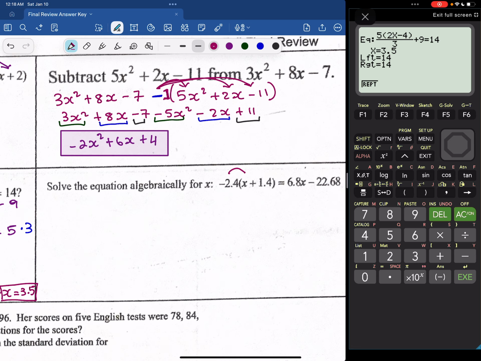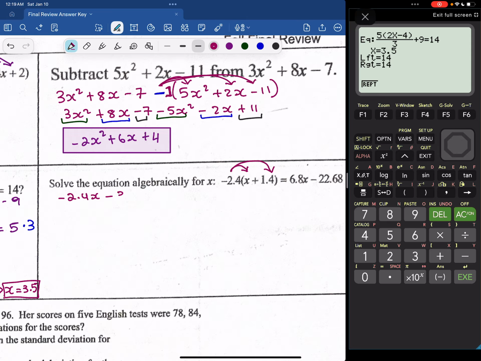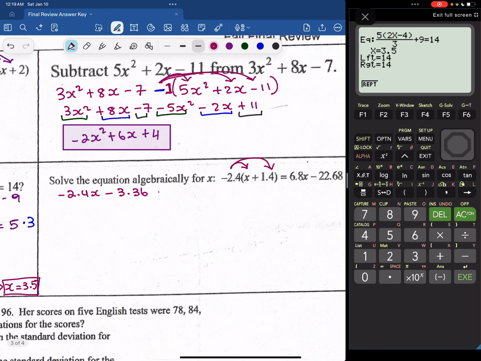Negative 2.4 times x is negative 2.4x. Negative 2.4 times 1.4 is negative 3.36. And then we just rewrite everything else on the other side, equal to 6.8x minus 22.68.